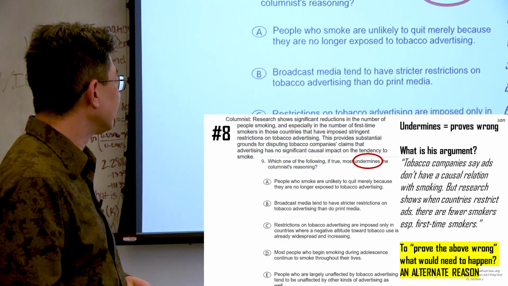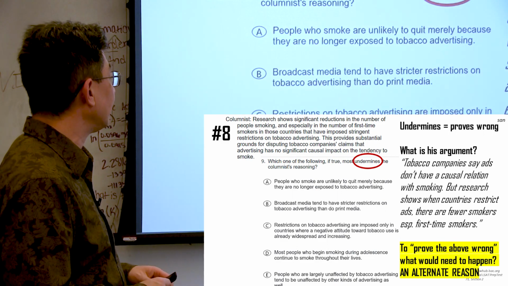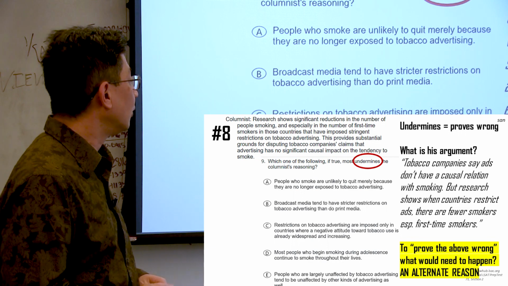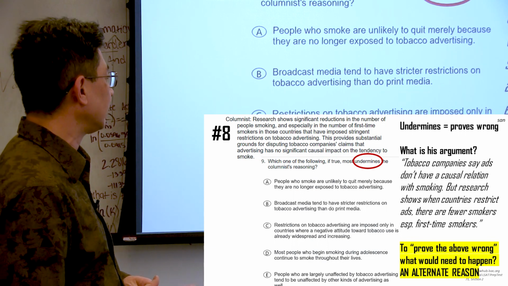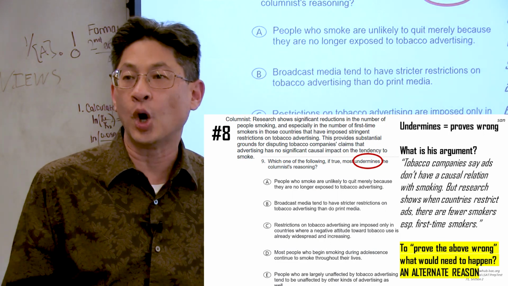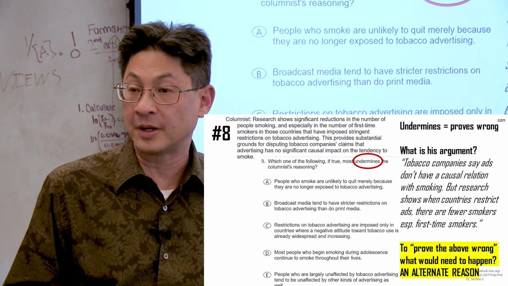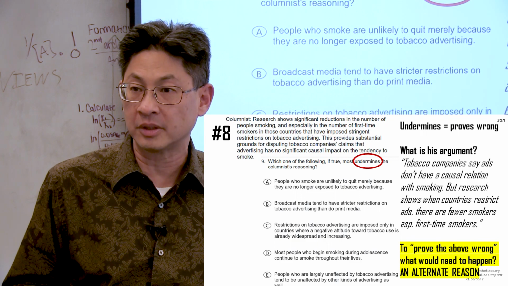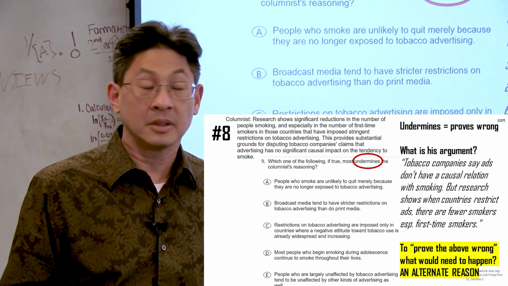How about C? Restrictions on tobacco advertising are imposed only in countries where a negative attitude toward tobacco use is already widespread and increasing. Would that provide an alternate reason for there being fewer smokers? Yes, it would.